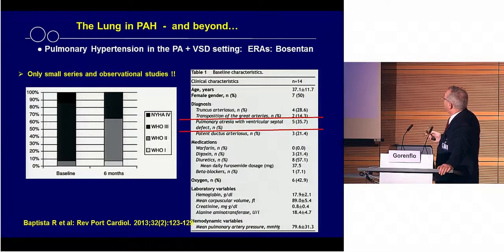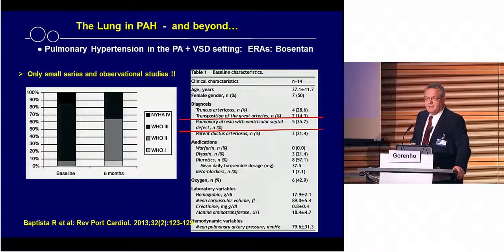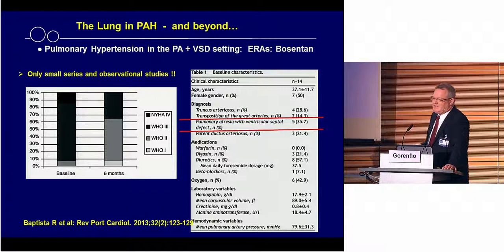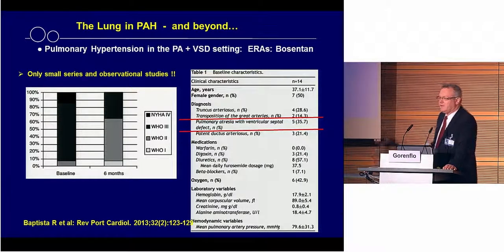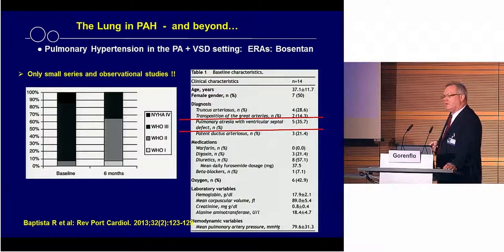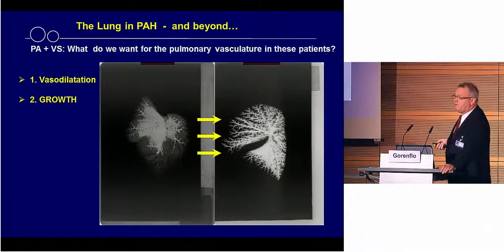So we have here 5 of these 14 patients that were treated with bosentan, and we see some improvement in functional class, but these data are at best observational, and at the end we don't have a good study to really demonstrate a true benefit over a longer time. This is my opinion.